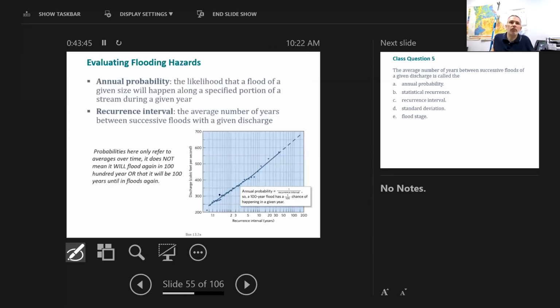So when we start looking at flooding, flood insurance is not part of the standard homeowners insurance. It's a separate policy. And so whenever we're starting to look at floods, we'd like to evaluate risks. And part of this class, hopefully you've realized, is to deal with what are the things that can affect us, and in particular, what's our risk of different events.